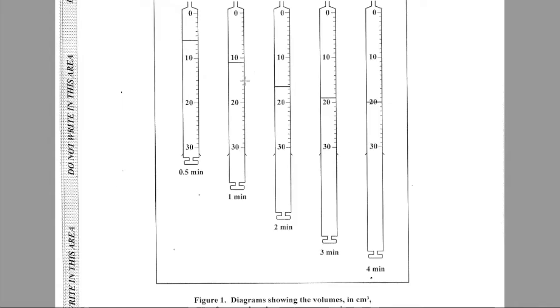And we're looking at what volume is produced at the different times: 0.5 minutes, 1 minute, 2 minutes, 3 minutes, at minute number 4. We're just going to write these down, and then we're going to fill them into our table in a bit, and then use them to more than likely plot.